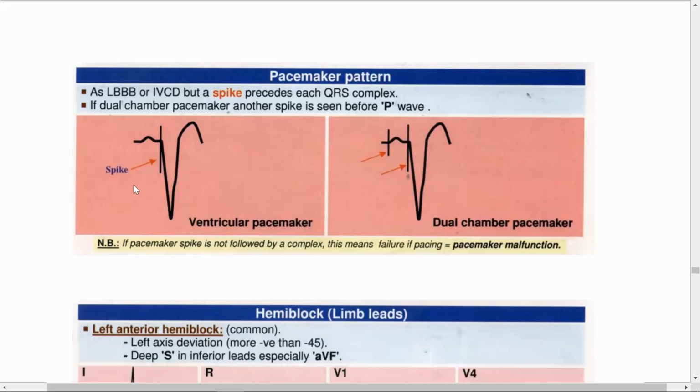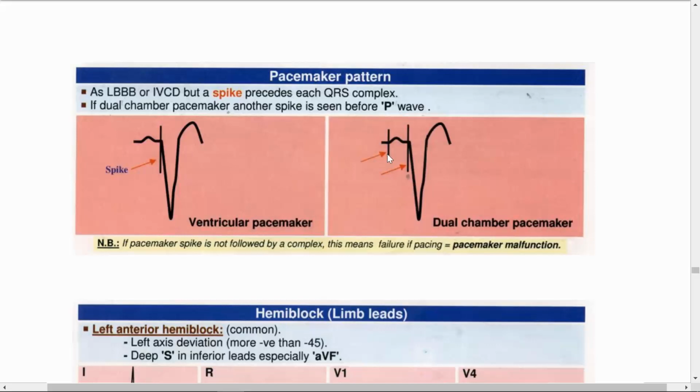So this is how we know that it is a pacemaker pattern, from this spike from the generator. This spike is just before the QRS, and this is in the right ventricle, either temporary or permanent, VVI.